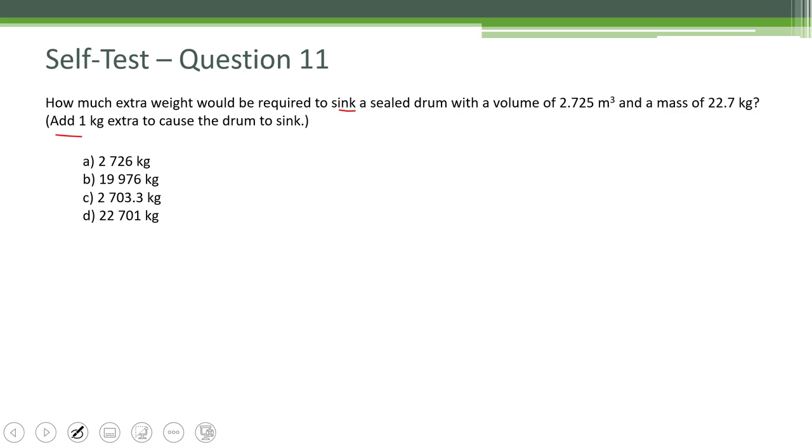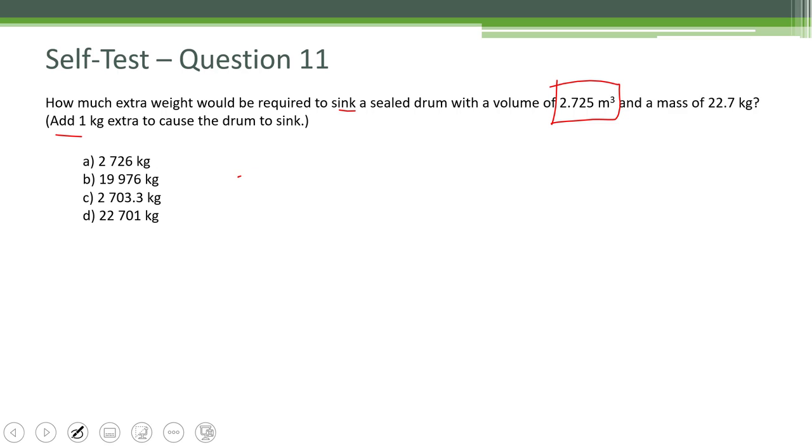The first thing we have to do is figure out the buoyant force, and then we just have to make the mass greater than the buoyant force. If something weighs more than its buoyant force, it sinks. If it weighs less than its buoyant force, it floats. So let's figure out this object's buoyant force.